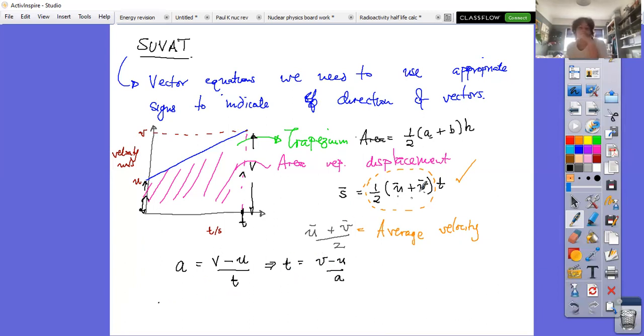I can sub my t and put v minus u over a in there. So I can have s equals half (u plus v) multiplied by (v minus u) over a for the time.